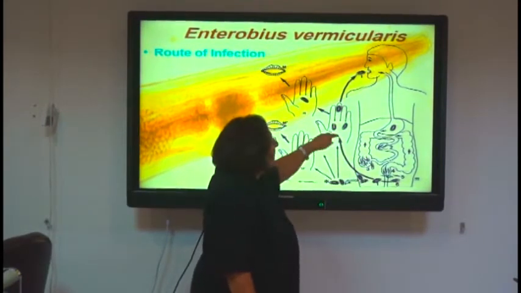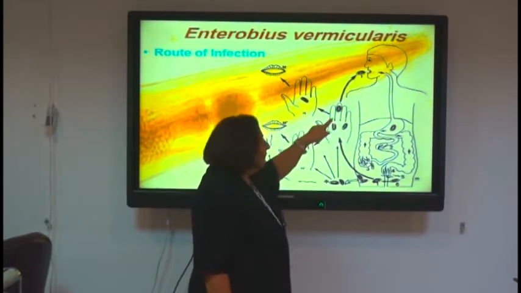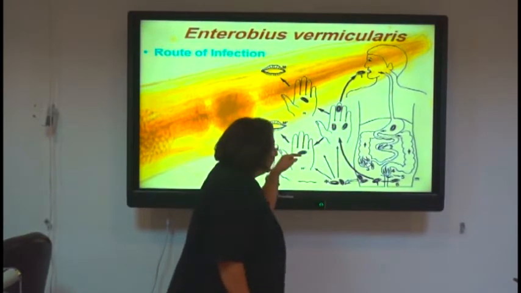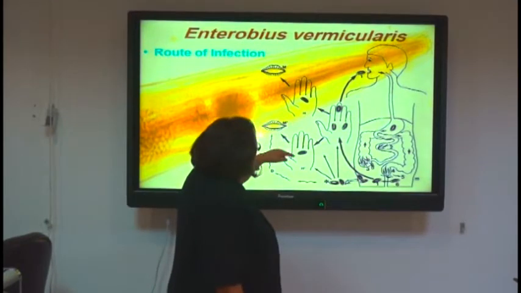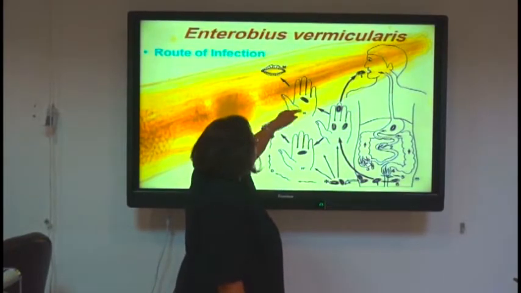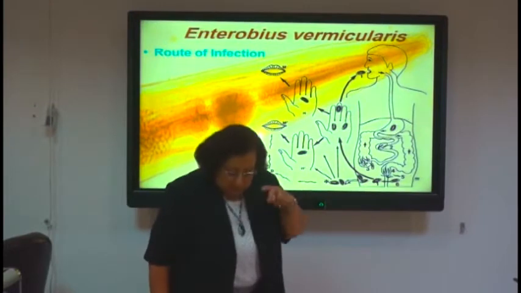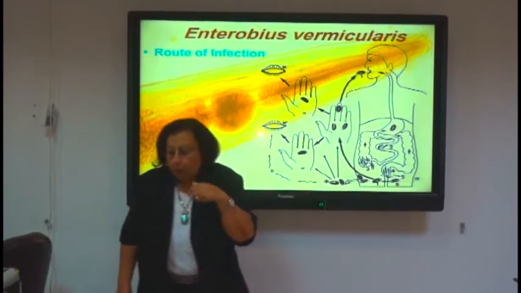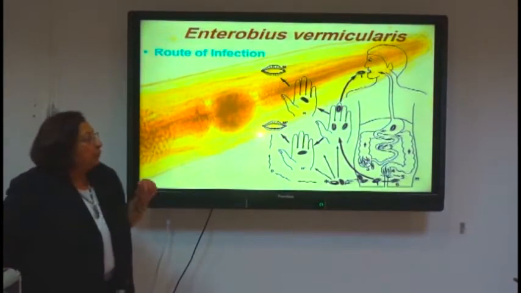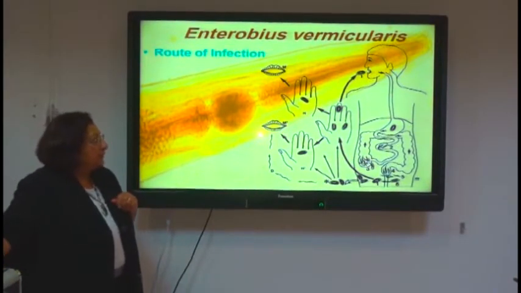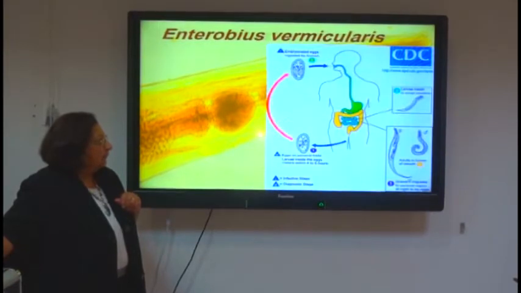If the hand of an infected child or man contaminates another hand, this hand will infect himself, or this hand will infect another hand to infect himself. So we see how common and how quickly infection can take place with Enterobius vermicularis.